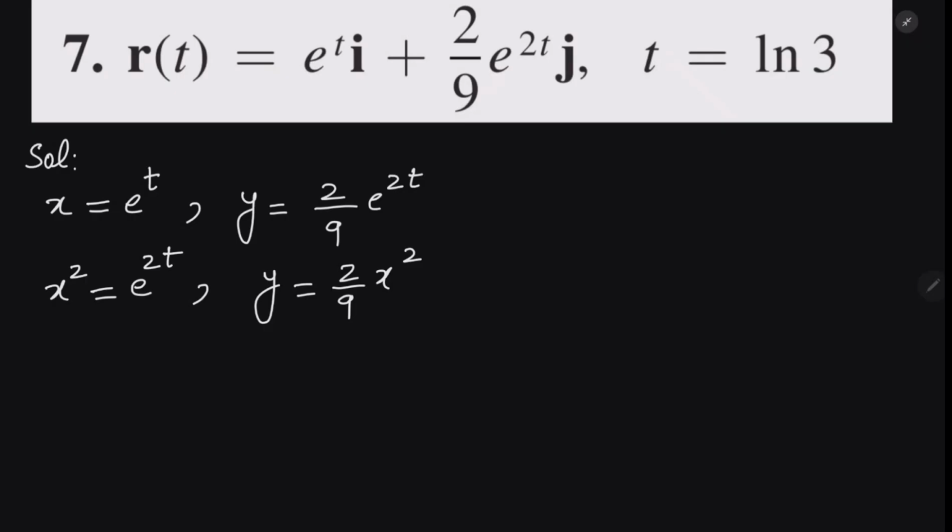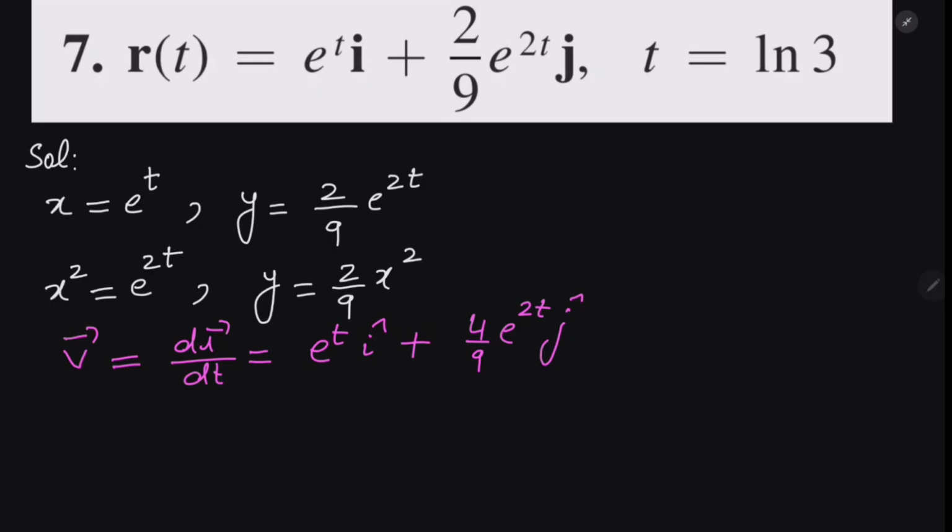The next step is to find the velocity. So the velocity, dr by dt, is e raised to power t, the derivative of the first component, it remains the same. Then we have 4 over 9 e raised to power 2t j.